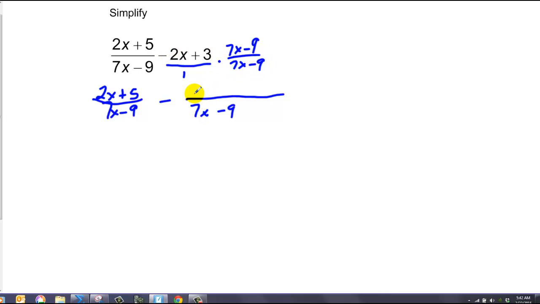I'm going to need a FOIL here, so I get 14x squared minus 18x plus 21x minus 27. I have to remember to distribute my negative to each and every one of these terms.